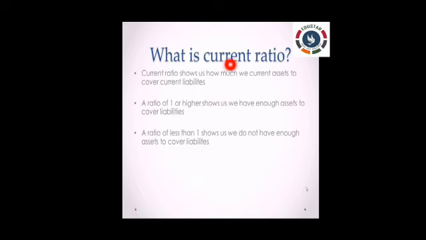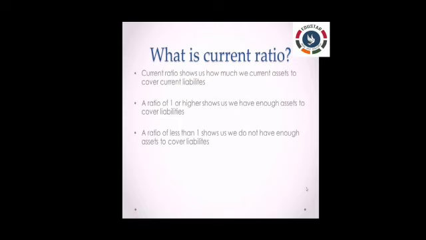What is the current ratio? The current ratio is the proportion of current assets to current liabilities. Always the current assets should be more than the current liabilities. If the liabilities are more than the current assets, it is a danger.